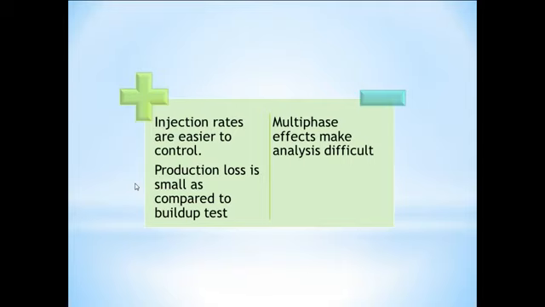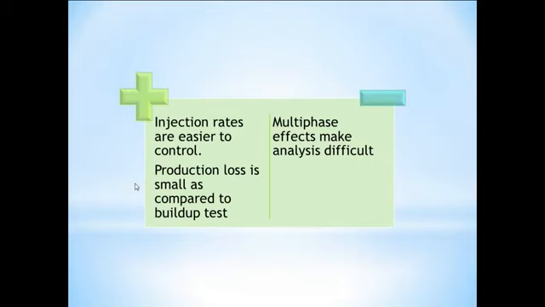The advantages and disadvantages: the first one is the same, that injection rates are easier to control. And then another advantage that it has over a build-up test, its closest cousin, is that the production loss is small as compared to the build-up. In the build-up test, we shut in the well, therefore we do not have any production from it.